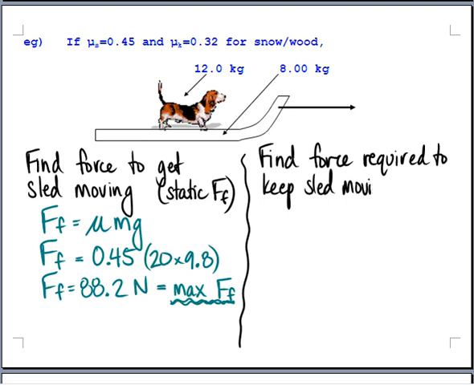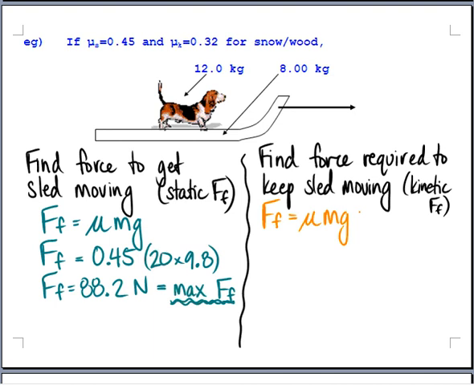Now remember, once the sled starts sliding over top of the snow, the force of friction is going to drop because we end up going to kinetic friction. So this equation is going to be exactly the same as what we did in the last one. Force of friction equals, I'm going to go with the working version here, the coefficient of friction multiplied by mg.